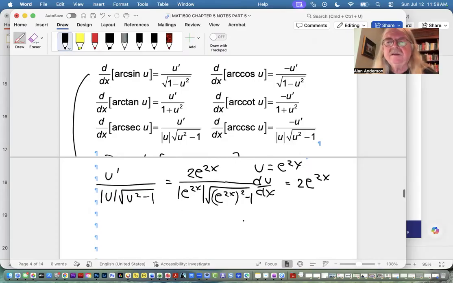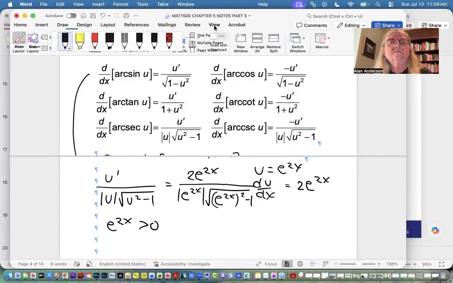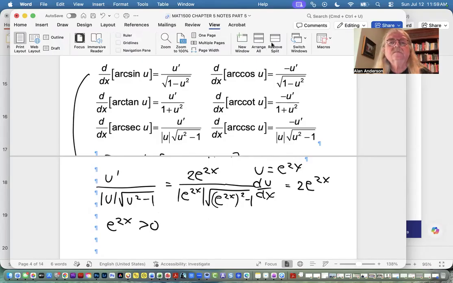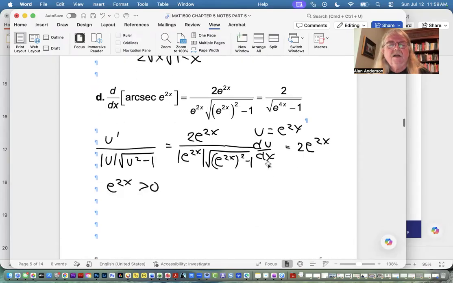Now, they do point out in the book that e to the 2x is guaranteed to be positive, so we can drop the absolute value signs. All right, here we go.